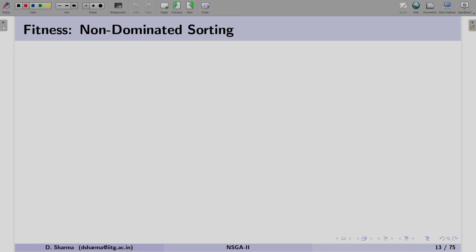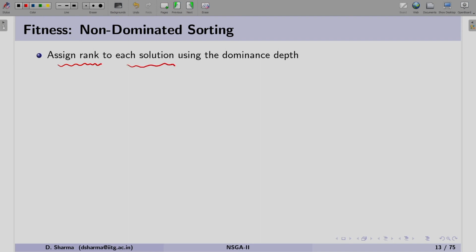Now as of now, we have calculated the objective functions. Now we have to assign the fitness to each solution. This fitness will be assigned using the non-dominated sorting method, and that's why it is called NDS. Here we will assign rank to each solution using the dominance depth.